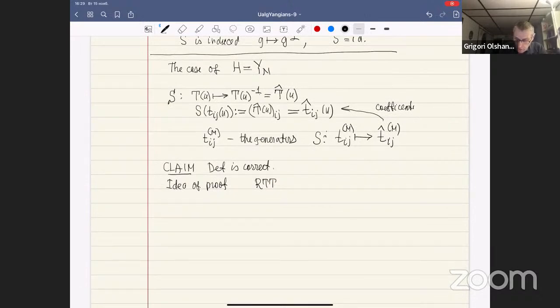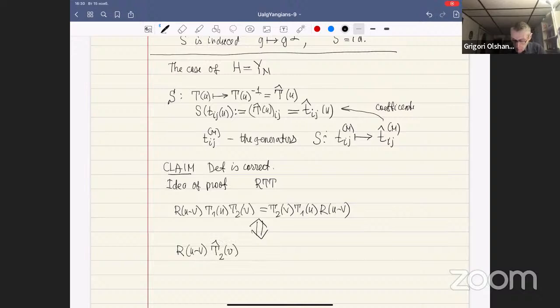The idea of proof is as follows. So the RTT relation is this one. I repeat it again and again. And it can be rewritten as follows. This is absolutely trivial, simply by taking the inverses of the matrices.